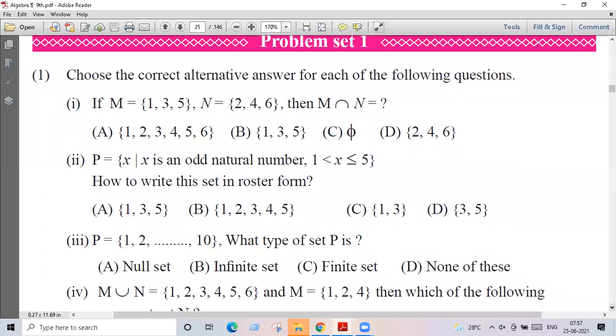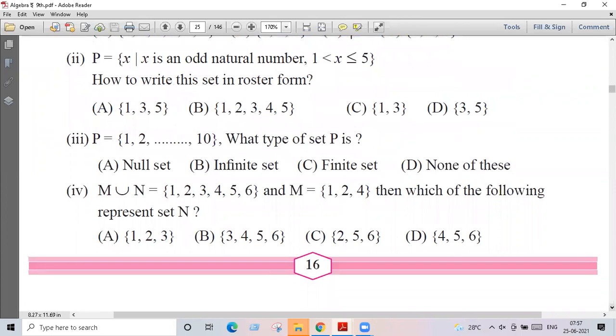Next question. Set P is odd natural numbers greater than 1 and less than or equal to 5. Tell which odd natural numbers greater than 1 and up to 5 there will be.